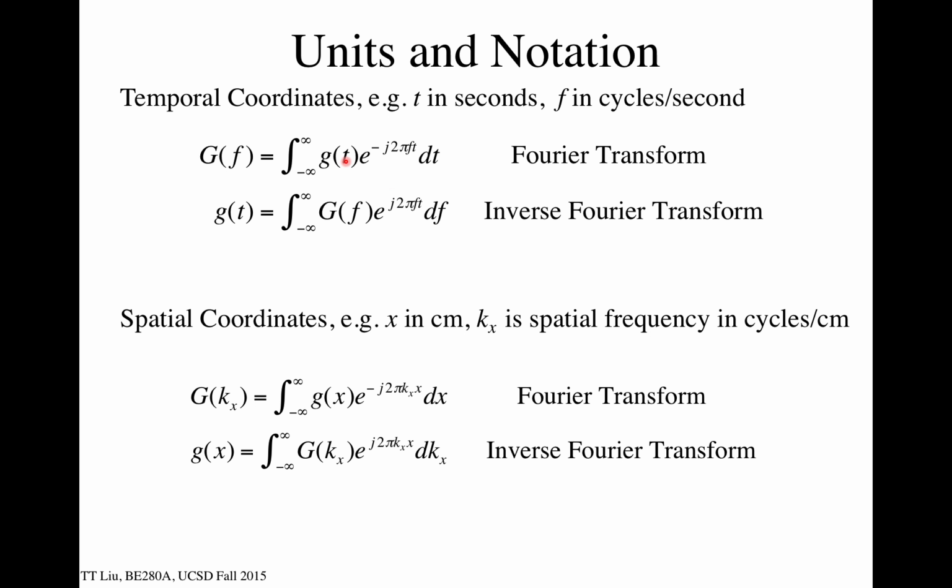And when you looked at that, that would be the temporal function. So my microphone, I get a voltage that I plot, and that's the function in time. And then I can take the Fourier transform of that temporal function, and I get the spectrum of that temporal function, right?